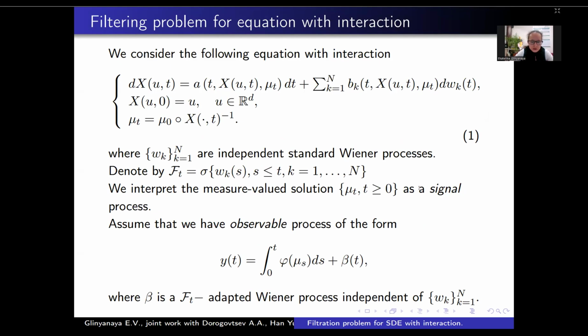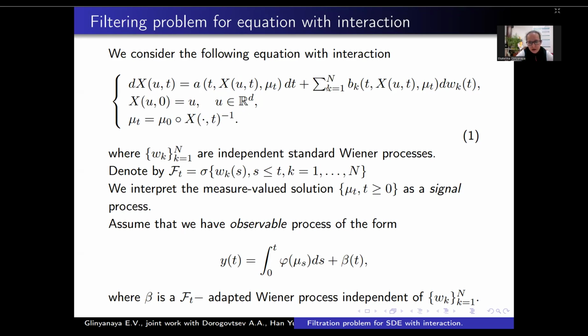Since we worked with it in this seminar quite often, I will briefly recall that we have an equation in which the coefficients on the right-hand side depend on the mass distribution mu t, which is the shift of measure mu 0 by the whole flow x.